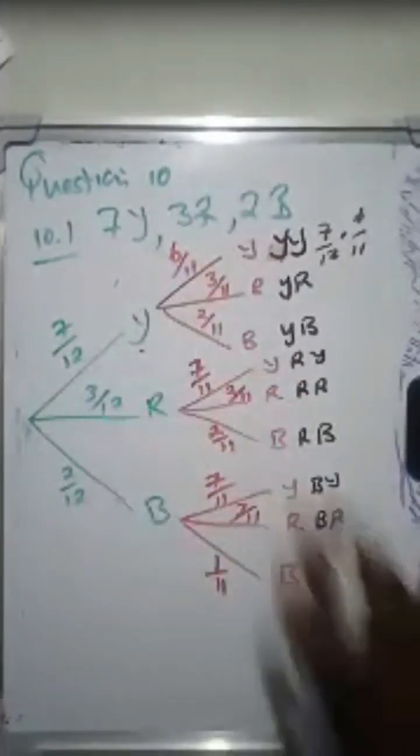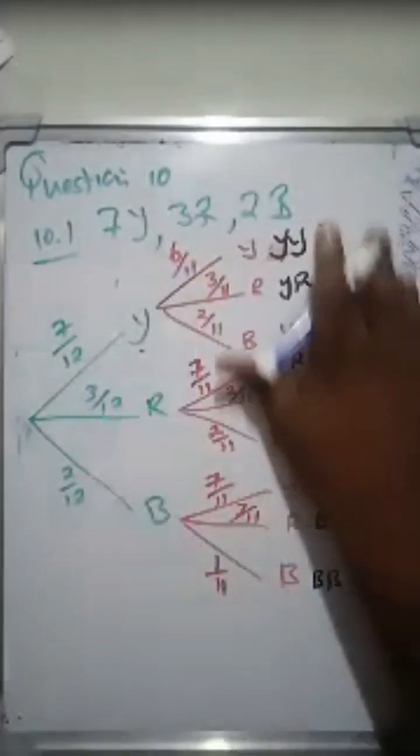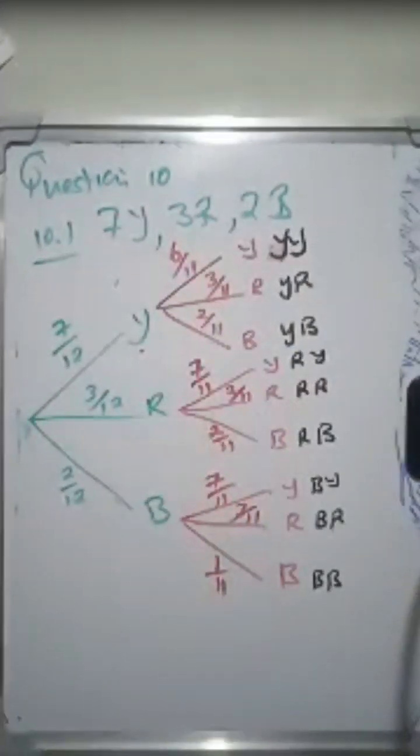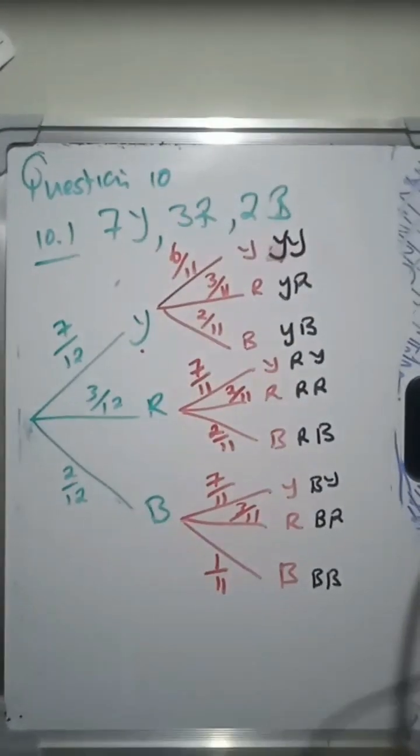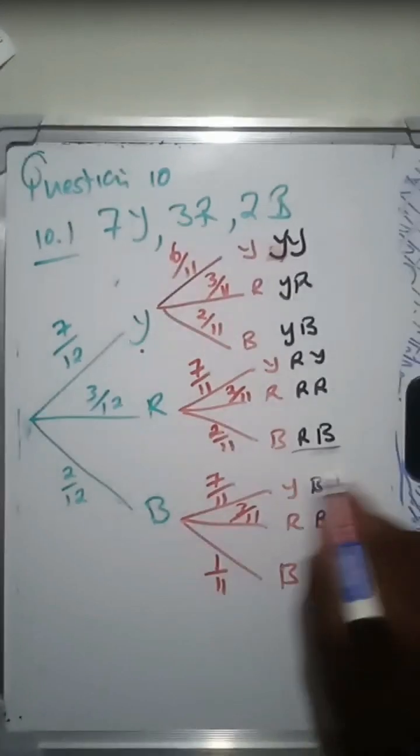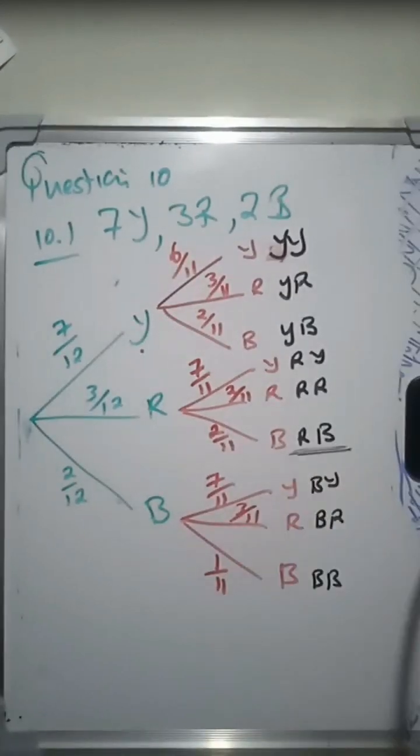Okay? So here in this question, it's asking, what is the probability that of the two balls chosen, one is red and the other one is blue? One is red and the other one is blue. So where do we have red and blue? You have it here. The one is red, then the other one is blue.